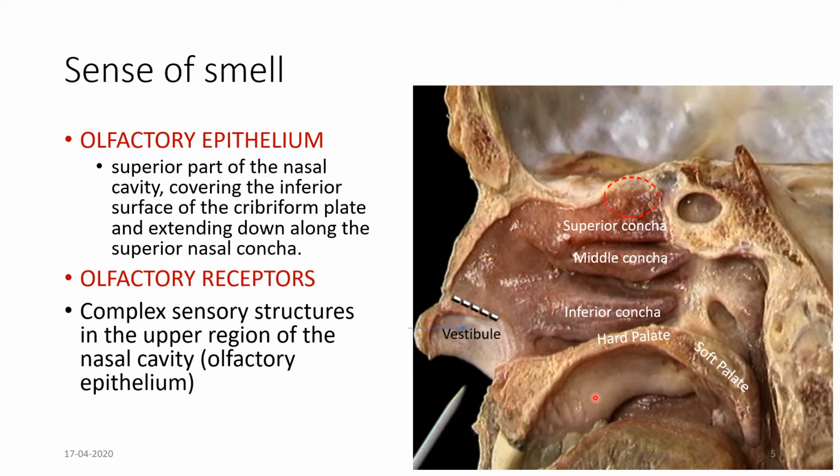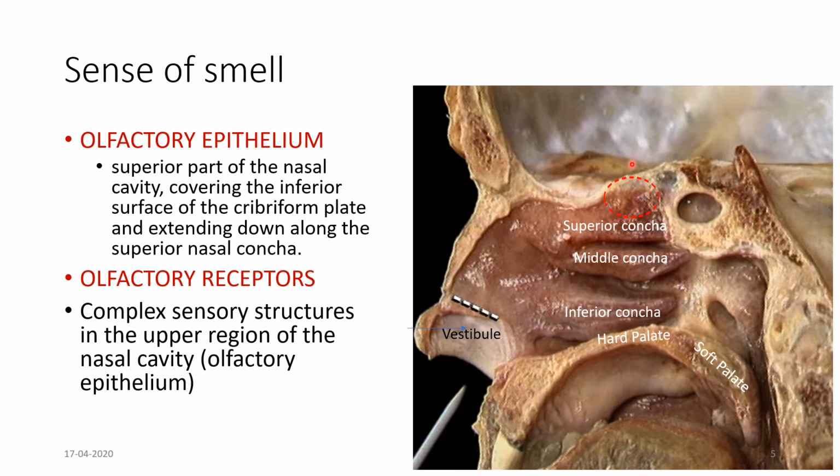The olfactory epithelium is seen in the superior part of the nasal cavity, covering the inferior surface of the cribriform plate of ethmoid. This is the cribriform plate of ethmoid, and this is the inferior surface of it, where the olfactory epithelium will be seen, and this epithelium extends down along the superior nasal concha.